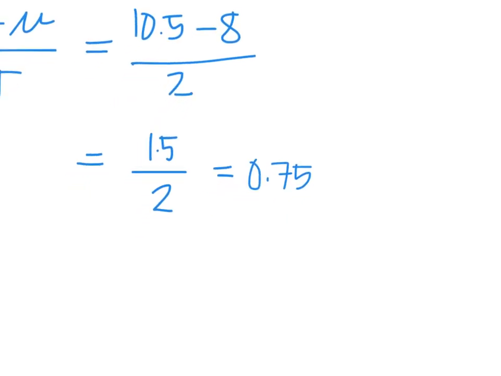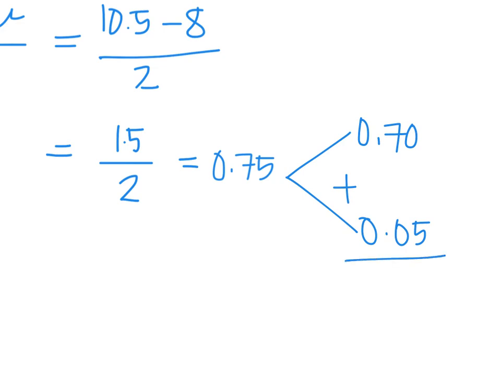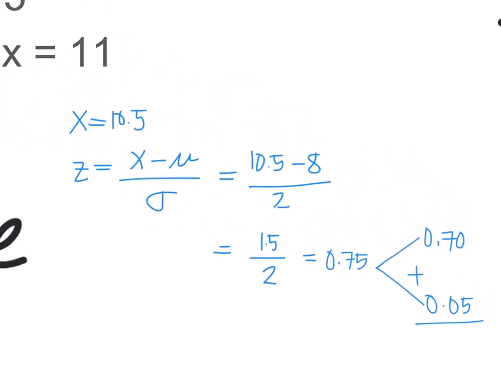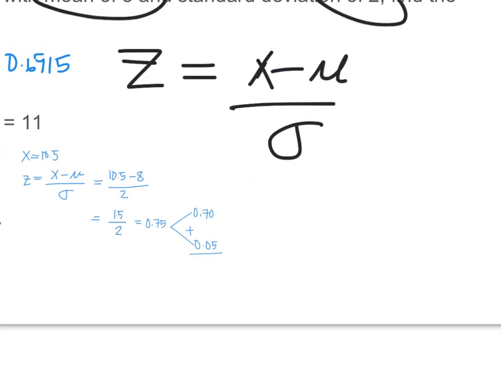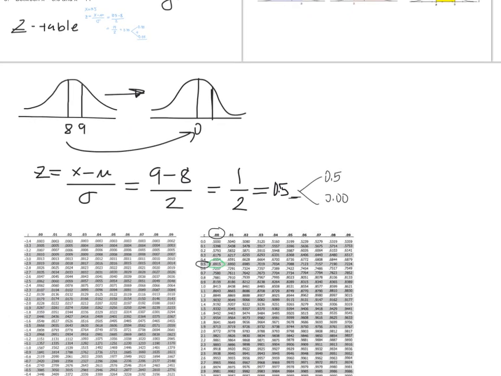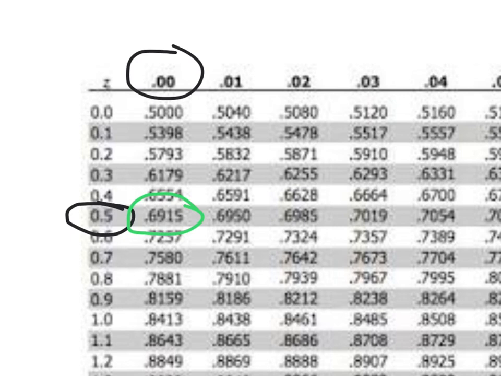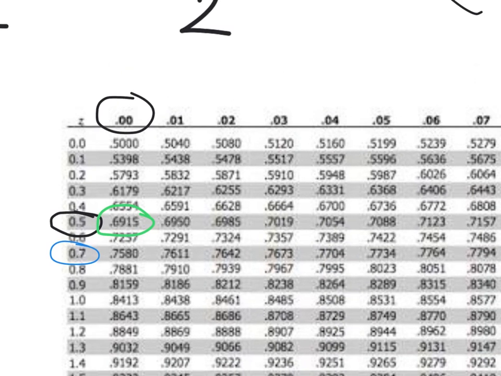Again, you break this down into 0.70 and 0.05. You can check that if you add, that's 0.75. So locate 0.7 on the table. It's a positive number, so 0.7 is here, and then 0.05 is here.